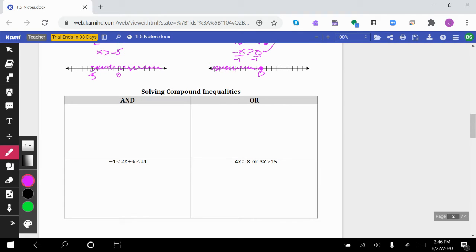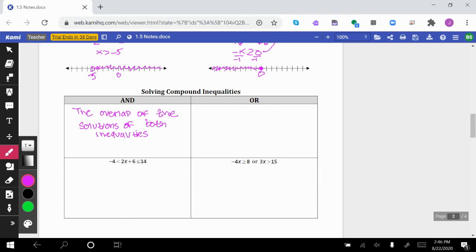So with compound inequalities, we have either and inequalities or or inequalities. So our and inequalities is a case where we have an overlap of the solutions of both inequalities.